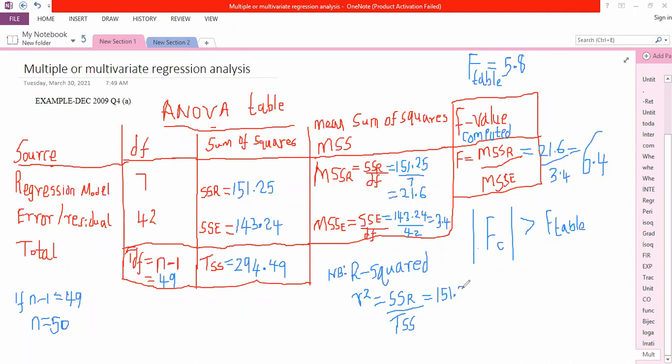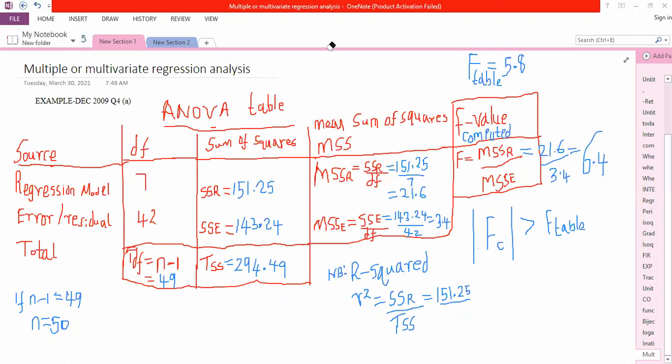For example, in our case here, we would take 151.25, and we divide by 143.24. No, this should be the total sum of squares, sorry for that.